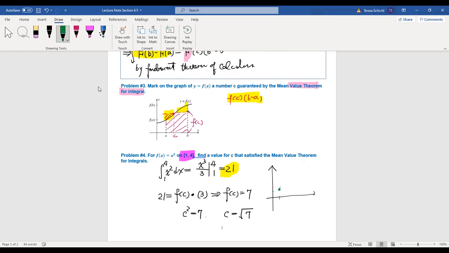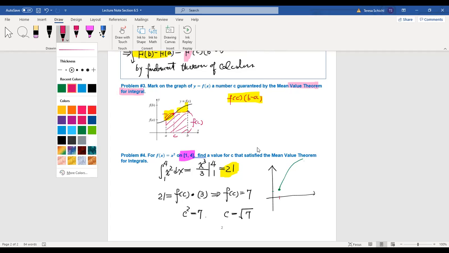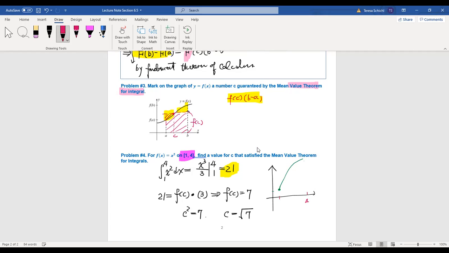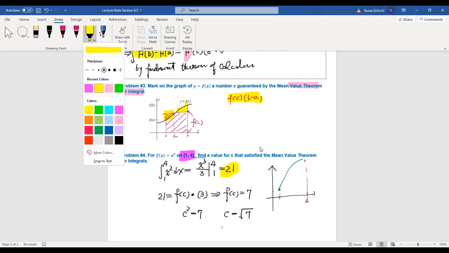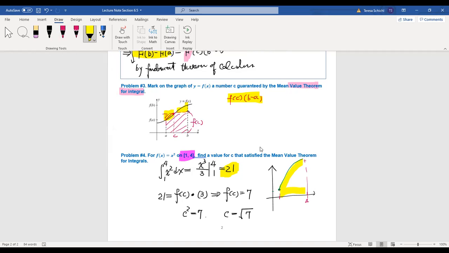So we go from 1 to 4, and this is the integration, so the total area under the curve is 21 here.